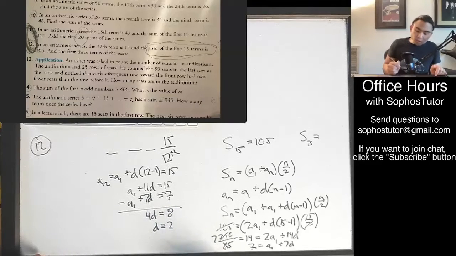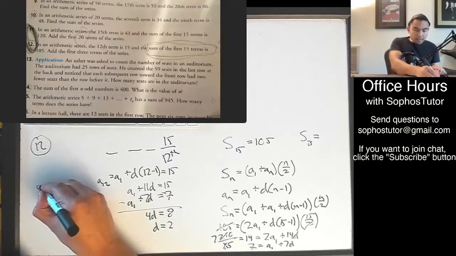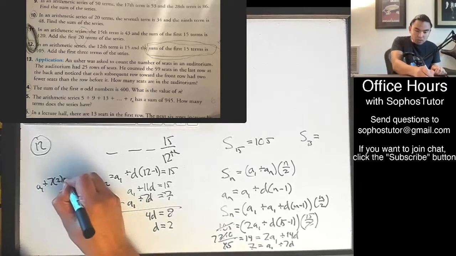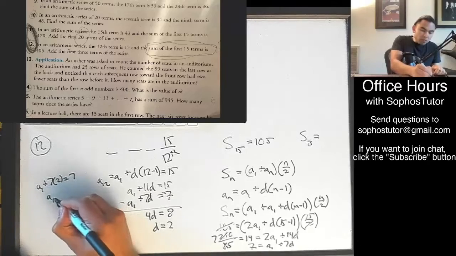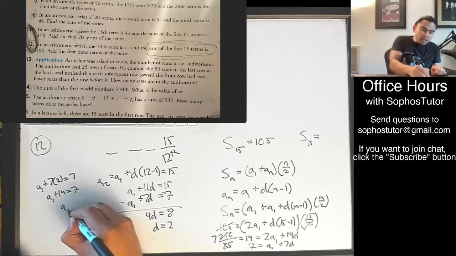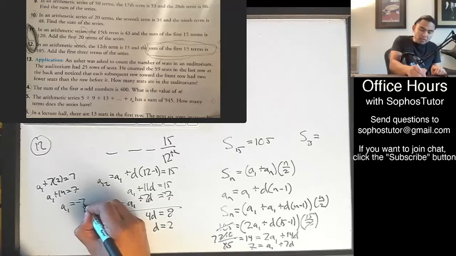With our difference equaling 2, we'll plug into the first equation: a sub 1 plus 7 times 2 is equal to 7. A sub 1 plus 14 has to equal 7. A sub 1 therefore has to equal negative 7.